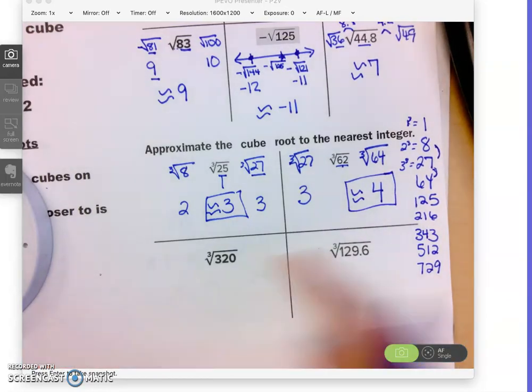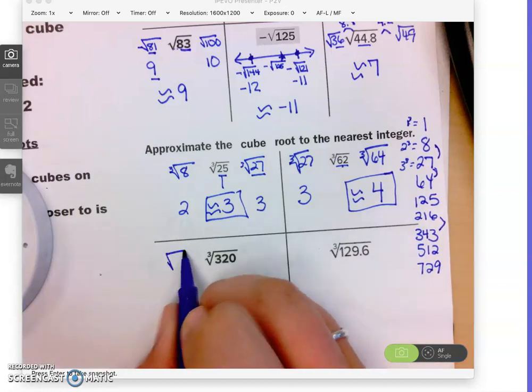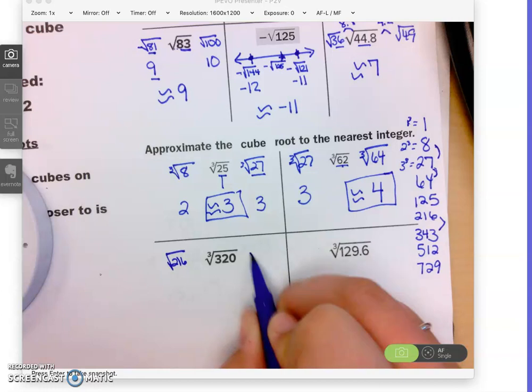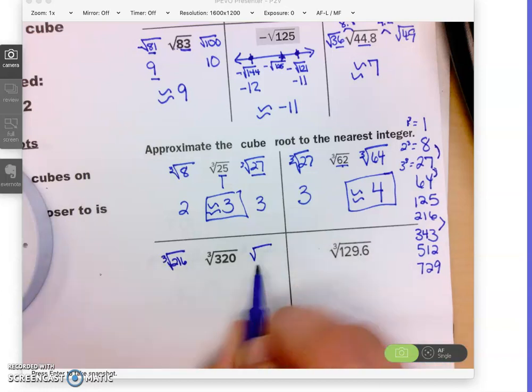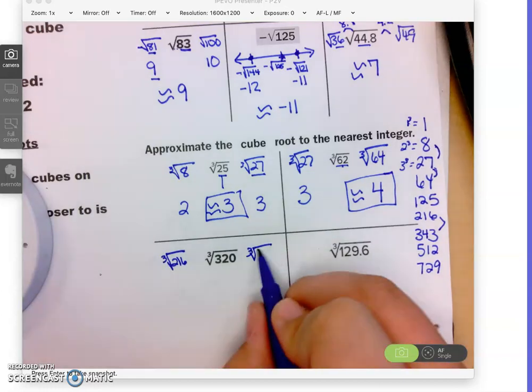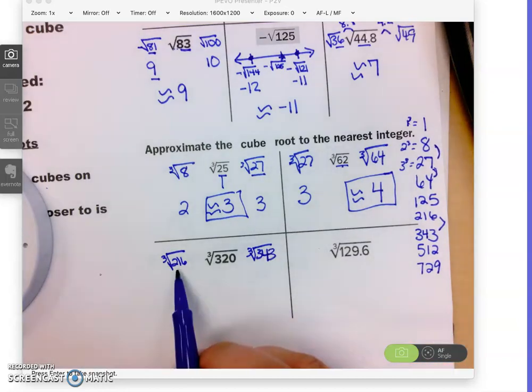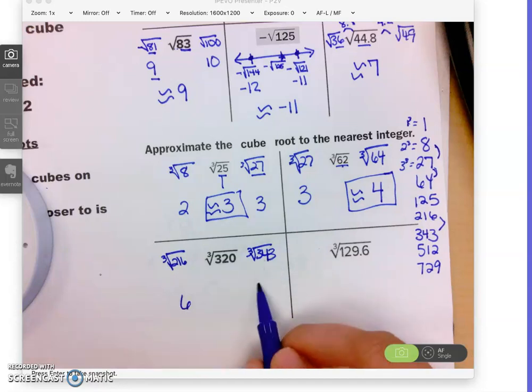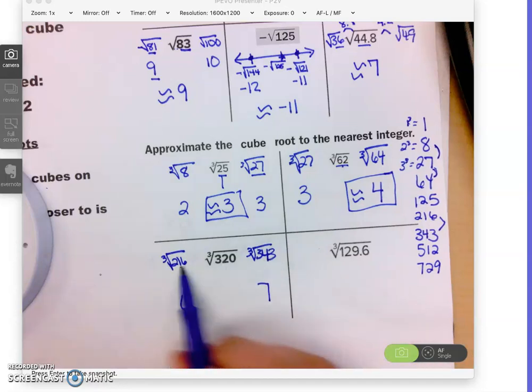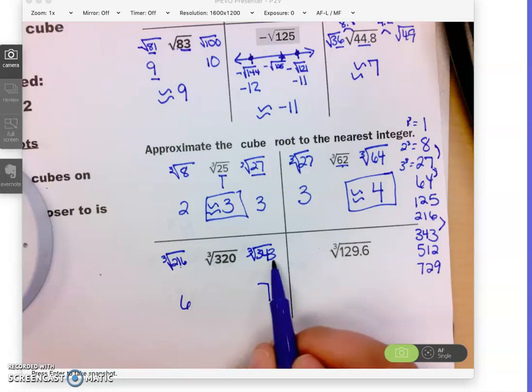Okay, 320. Here's one of those again. Okay, cube root of 216, cube root, oh, don't forget your 3. I'm trying to go fast and it's not working. So cube root of 216 is 6. Cube root of 343 is 7. Here I have to find the difference. Is this going to be closer to this one?